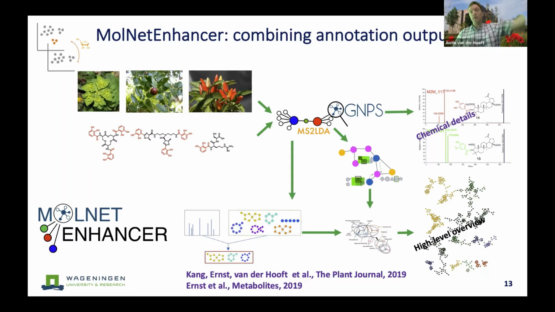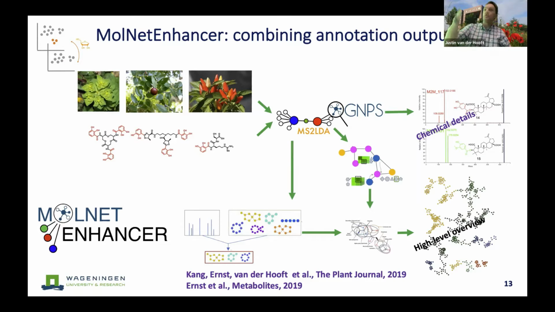So basically, you can follow the workflow stream going with your samples. In this case, plant-based samples, but they could be from different origins. Then you do the mass spectral mining and library matching and GNPS molecular networking and MS2LDA substructure discovery.